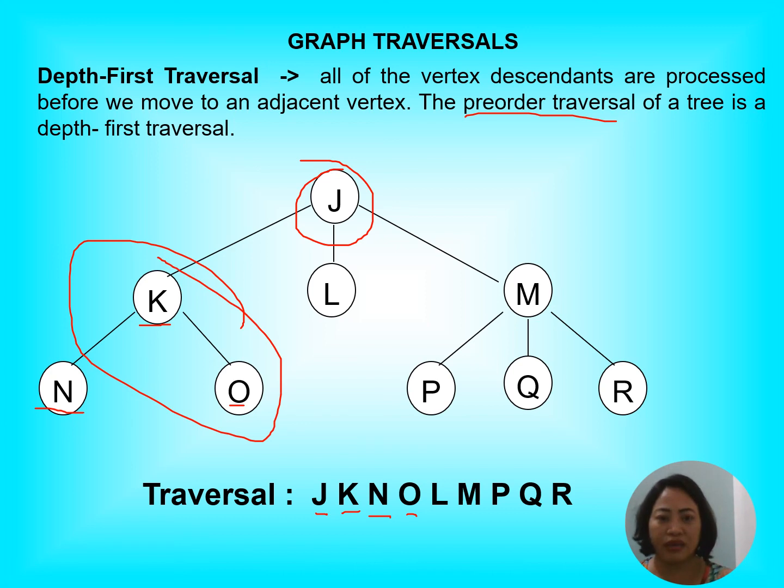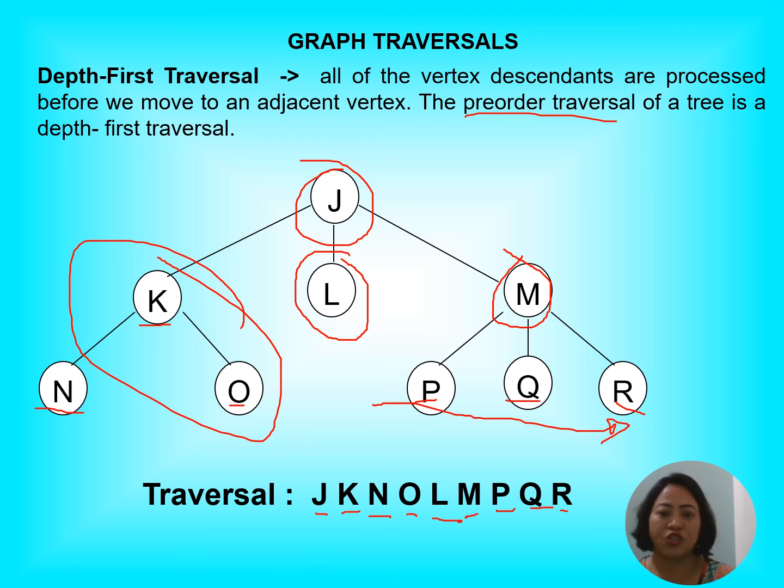Go back here. Another descendant of J is L, and then no more other vertices here. Therefore, let's go to another edge going towards the vertex M. So this is the descendant. M has descendants P, Q, and R. So we will do it from left to right.